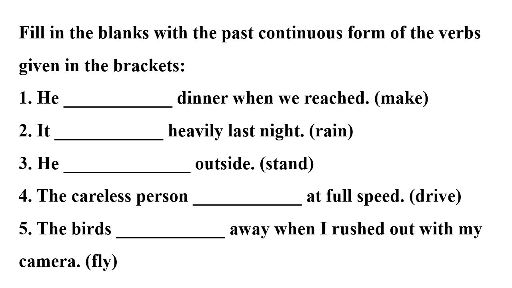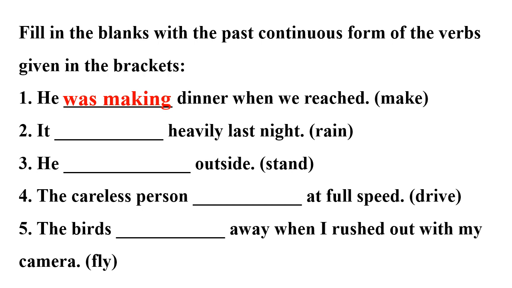If the subject is third person singular, we use the helping verb was, and if the subject is anything else, we use the helping verb were. Look at the first question. He was dash dinner when we reached. So here the subject he is third person singular. So we use the helping verb was, and with the verb given in the bracket, make, we add ing. So the answer is he was making dinner when we reached.